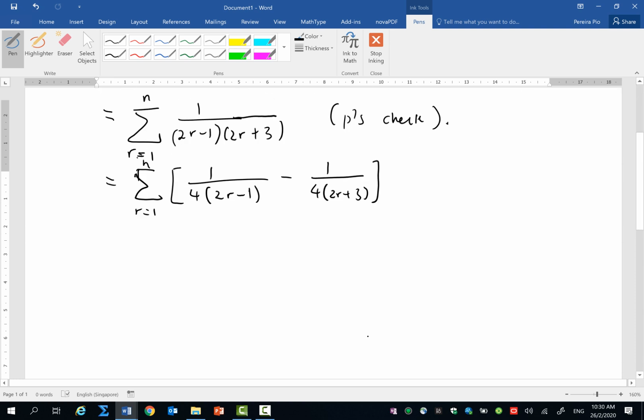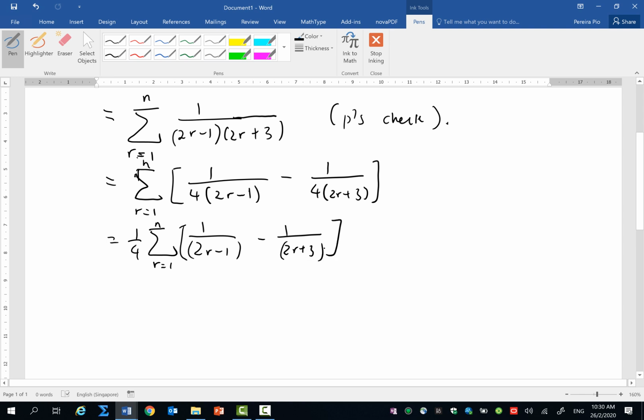Please learn to factorize and simplify. So you realize that I should take out the 1/4 so that it's less cumbersome. Next, can you see this is 2r minus 1, this is 2r plus 3. Obviously, this is a shift. Nonetheless, you should write this out.